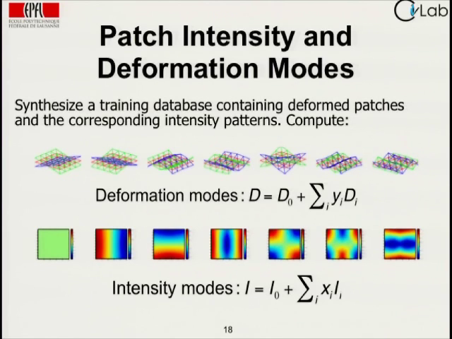It could actually be done in terms of what I just presented, but since we did this before the other, that was done in terms of PCA deformation modes. And to each of these, given a shading model for a particular shape of a patch, we can predict what the intensity is supposed to look like.